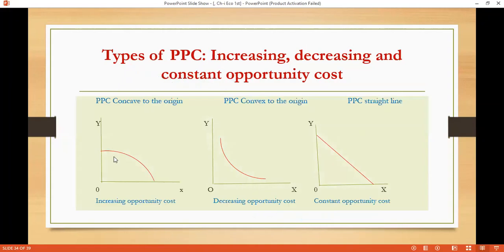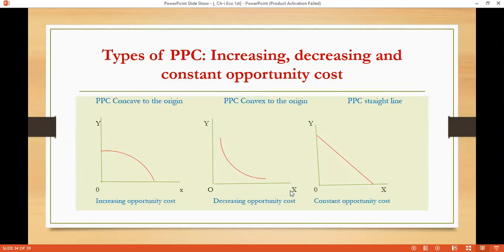According to your syllabus, we have discussed only this shape, concave to the origin, that is increasing opportunity cost. That is, for producing one product, we are sacrificing another product in more and more amount, continuously in increasing amount.